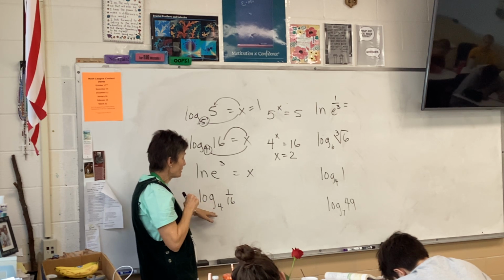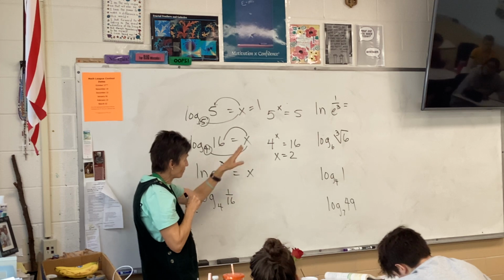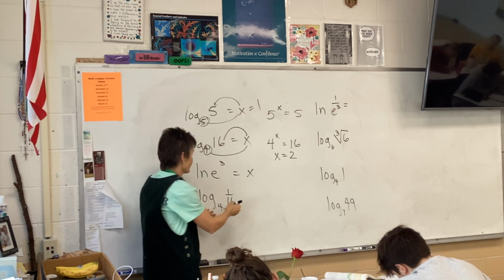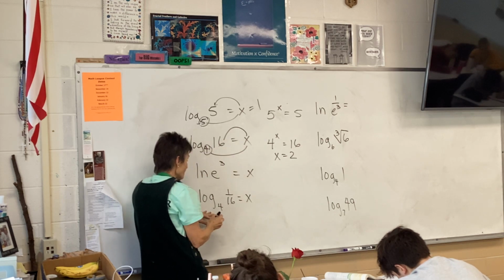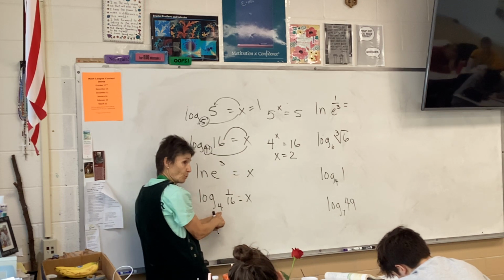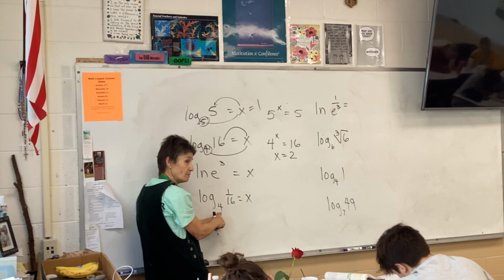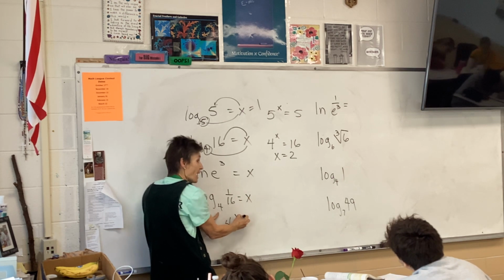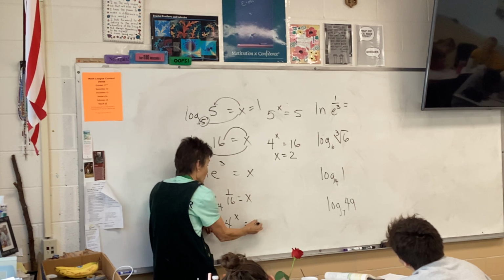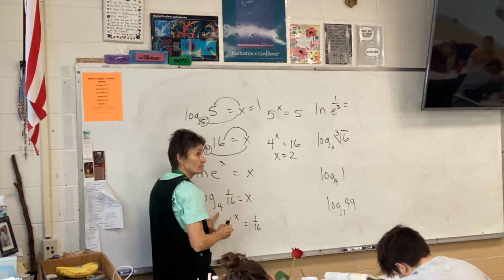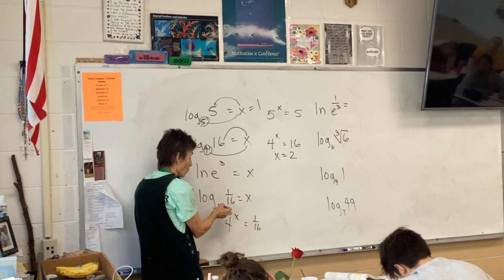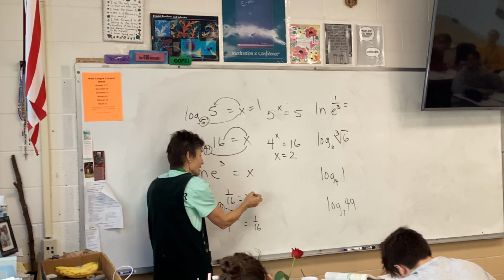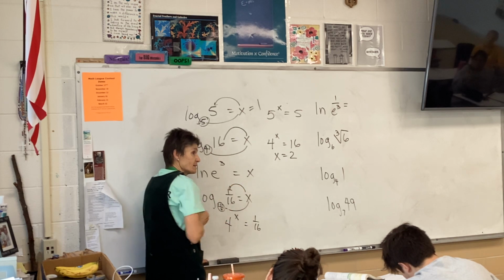Now let's come down here and do this one. We'll do my log problems first. Okay? So if you're going to write it as an exponent equation, you're going to say 4 to the x equals 1/16.